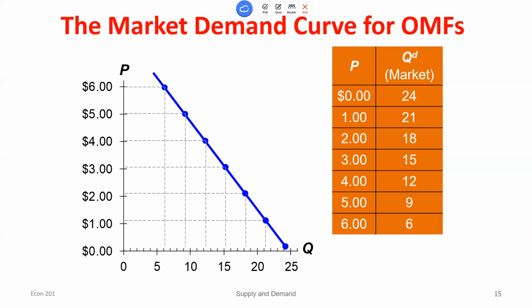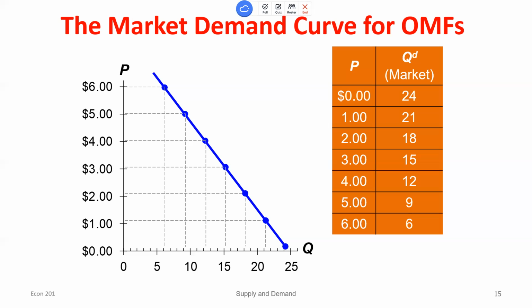So to get my market demand, at every price I would just take the quantities of each individual's demand curve. We have 2 individuals, and I would add them up. So you can imagine if I add my individual demand curves up, my market demand will always be greater than those, right? But then I have another person in my economy, and another person, and another person.